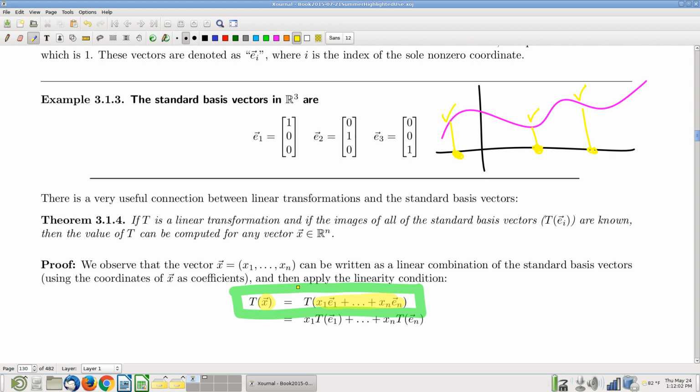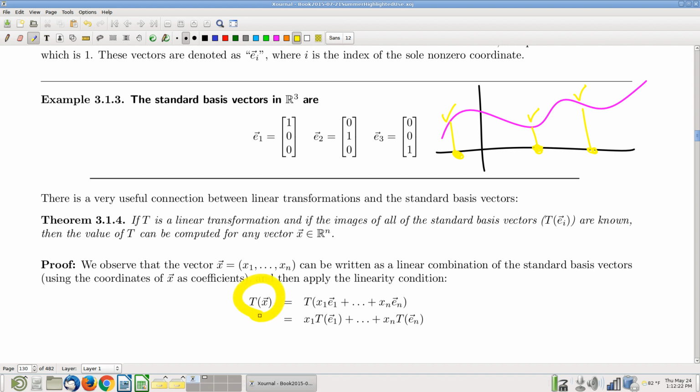Step 1. Step 2, cite the linearity. That's all that is. Linear combination in, linear combination out. Just using linearity. And now, declare victory.